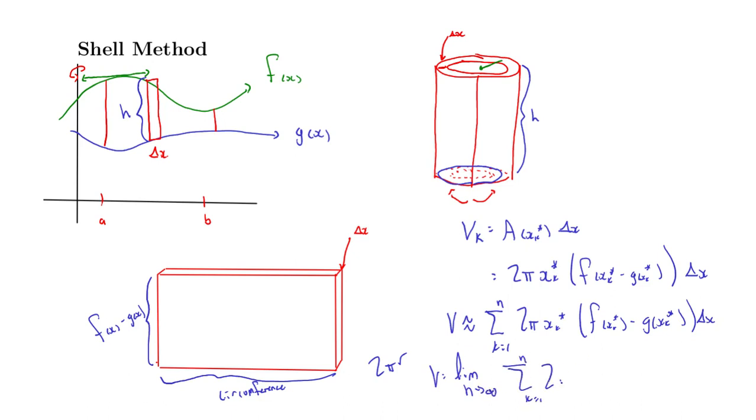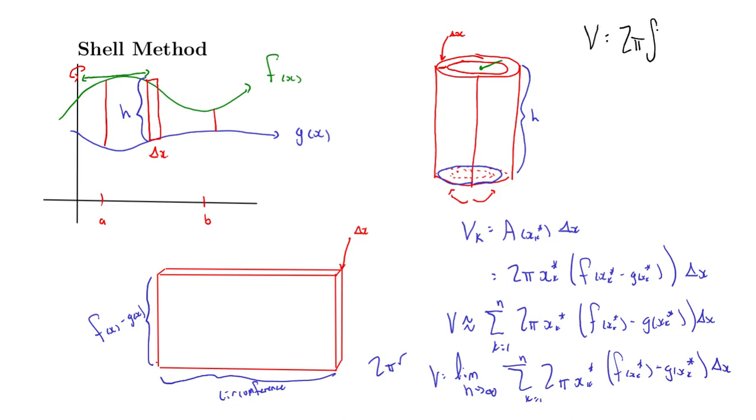And this gets tedious to write after a while. Here we have this difference in heights again, times delta x. And the whole point is that this is going to turn into a limit. Our volume is going to be an integral.